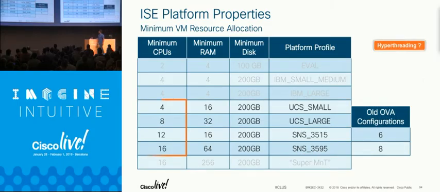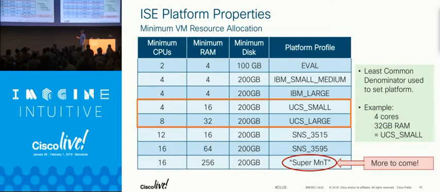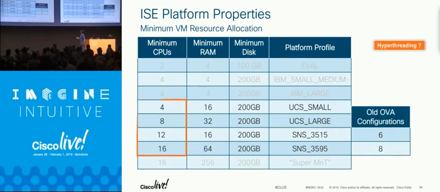Okay, so this is the issue we had. Everybody knows about hyperthreading. What is hyperthreading? Basically, with hyperthreading, you get double the CPU cores. That's how the platform is recognized. So what happened is that when we released these OVAs for 3515 and 3595, we didn't take hyperthreading into account.